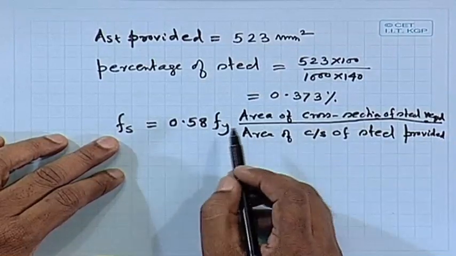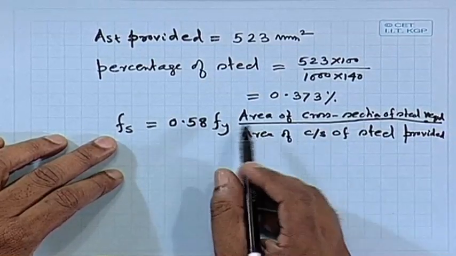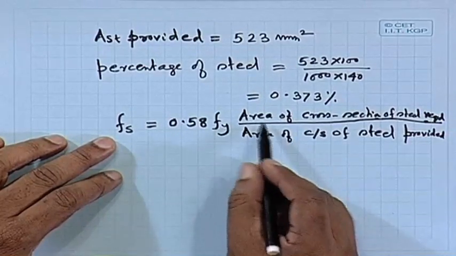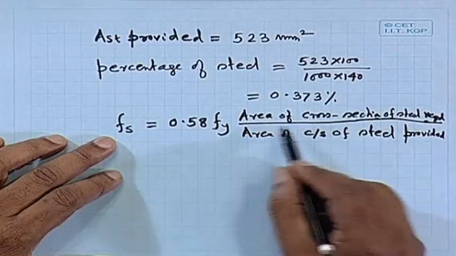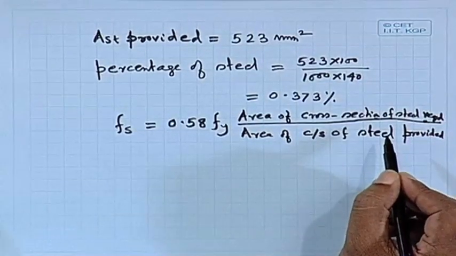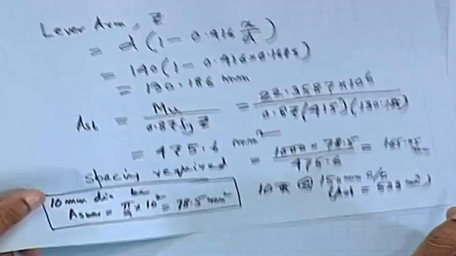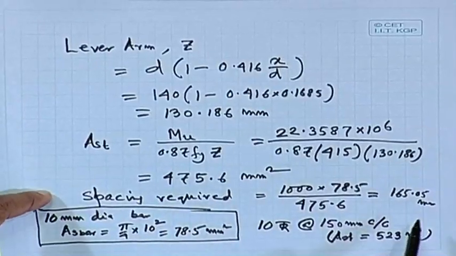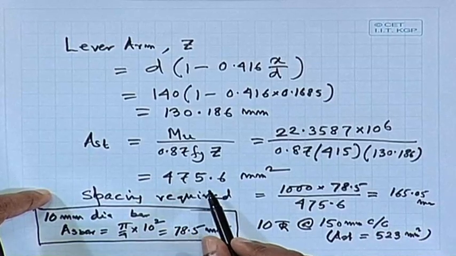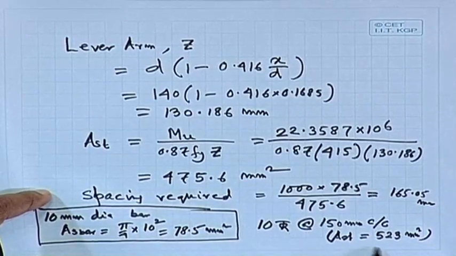So, we cannot directly calculate exactly 0.58 Fy. Here we have to do a certain kind of modification. The area of cross section of steel required in our case is 475.6, and we are providing 523.